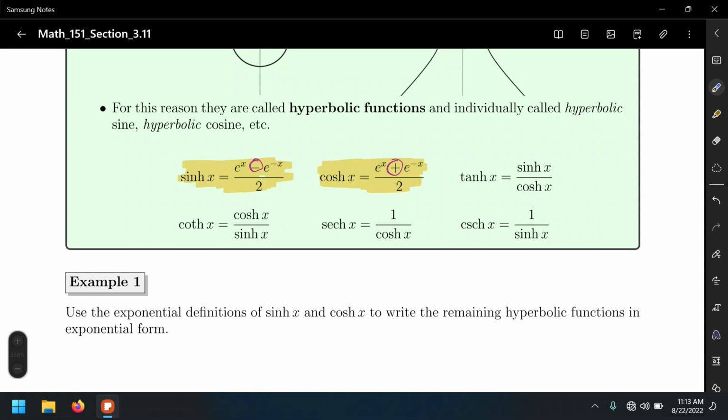And coming back to the similarities between trigonometric functions and hyperbolic functions, when we look at these identities here, they might ring a bell, right? Aren't they very similar to the trigonometric identities? Yep. What do we have? Tanh is sinh over cosh, which is the same as the definition of the tangent function in trigonometry without the hyperbolic: sine over cosine. Cotangent is the reciprocal of tangent, cosine over sine.